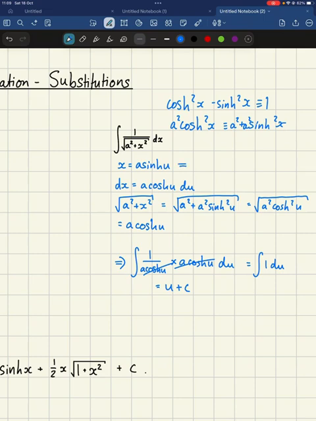Well, we said that x is a sinh u, so x over a will be sinh u, so u is arsinh of x over a. So that's arsinh of x over a plus c.